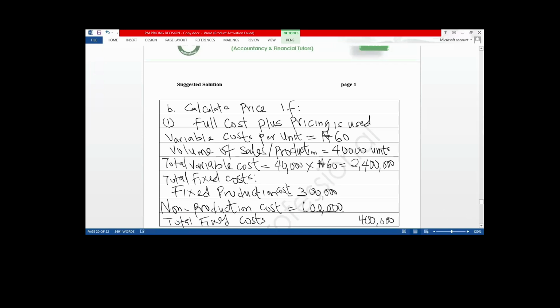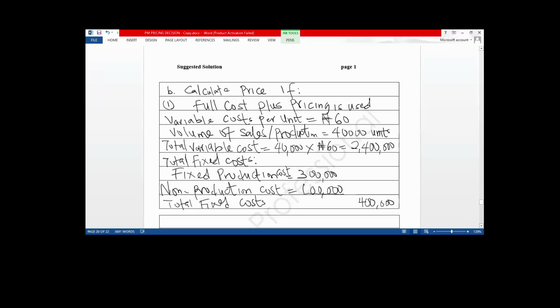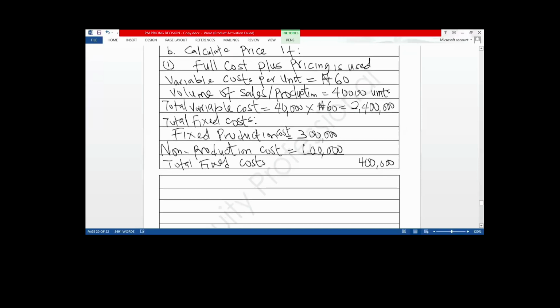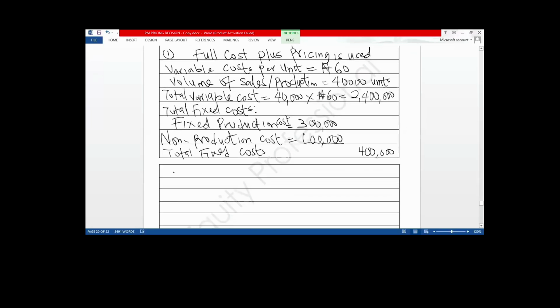Therefore, total cost is total variable cost plus total fixed cost. What is the total cost, please? 2.8 million. Thank you. Total cost is equal to these two added. That becomes 2,800,000.